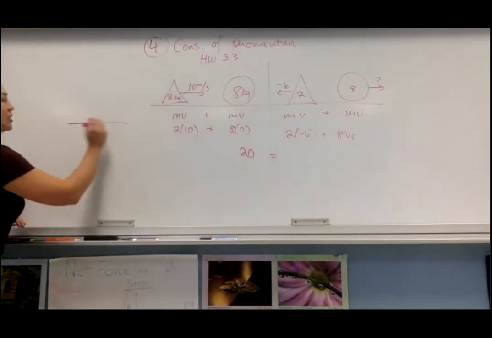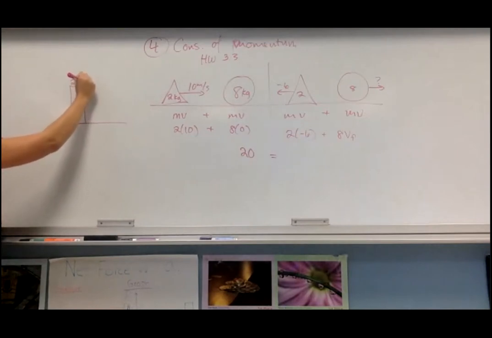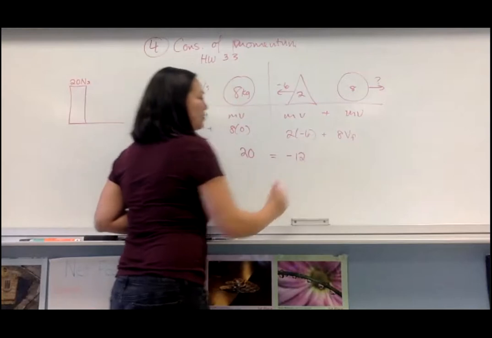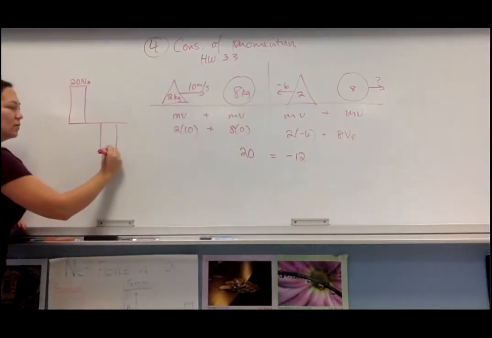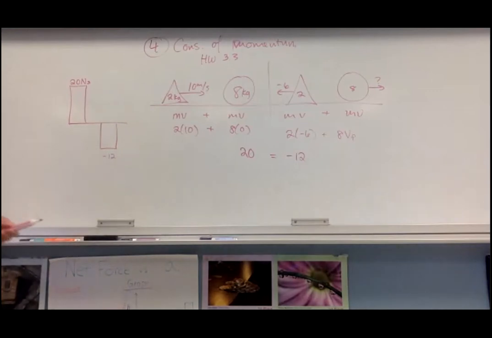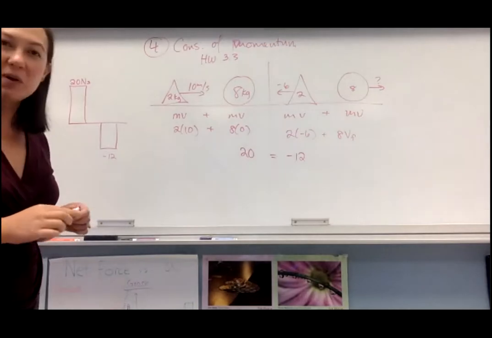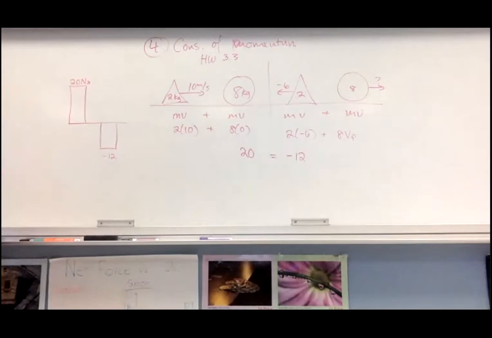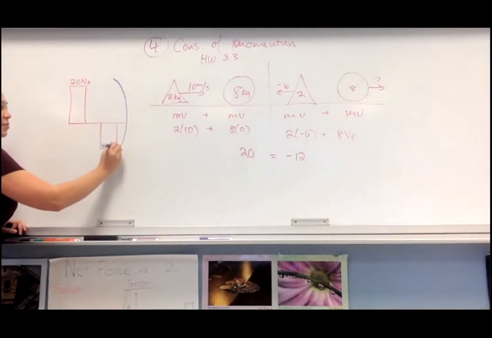I'm going to deal just with the triangle in this picture for a second. The triangle has 20 newton seconds of momentum. Afterwards, though, the triangle has -12 newton seconds of momentum. The triangle loses momentum, so that must mean the ball picked up momentum. In this case, the triangle loses 32 newton seconds of momentum.